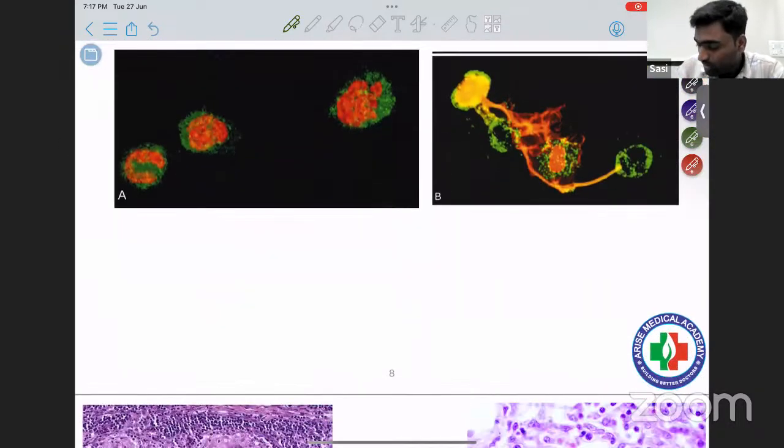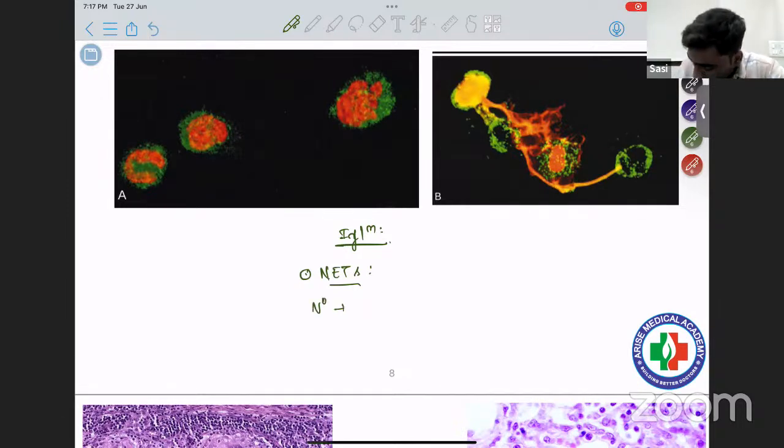If you see this image, it is one of the images tested in a case of inflammation. In the case of inflammation, you will see these traps. They are known as neutrophil extracellular traps. These traps are made by neutrophils, where the nucleus of the neutrophil comes out and traps the bacteria, acting as a trap.